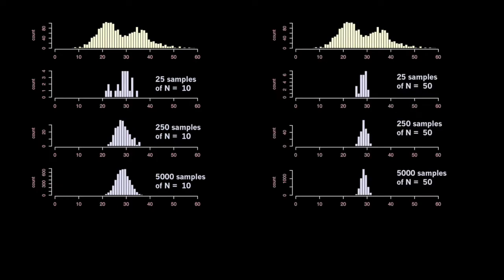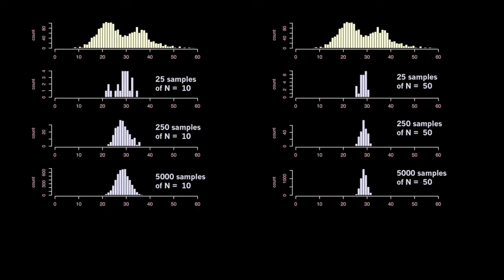Let's say we repeat that, but now with samples of 50. Before, we were taking samples of 10, computing the mean, and creating a histogram. So if I take samples of 50, what we see is pretty much the same, with one important difference, namely that the means of samples of 50 tend to pile up much closer to the population mean.